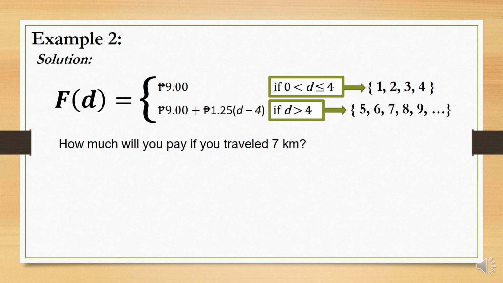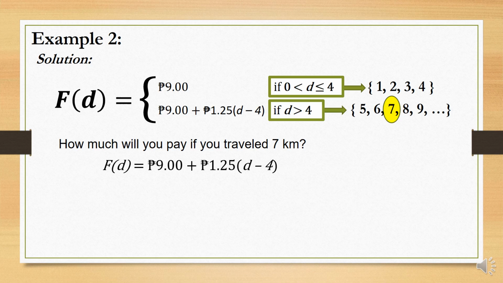To answer this question, how much will you pay if you traveled 7 kilometers? Ngayon, titingnan muna natin sa domain kung saan natin makikita yung 7 kilometers. Kung napapansin nyo, ang 7 kilometers ay makikita natin sa second subfunction. Ibig sabihin nito, gagamitin natin ang second subfunction.